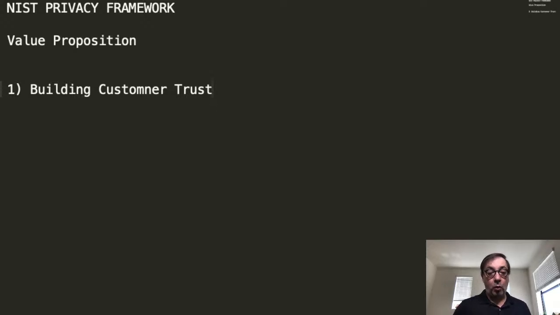How it does that is by supporting ethical decision making in product and service design or deployment that optimizes beneficial uses of data while minimizing the adverse consequences for individuals' privacy and society as a whole. The risk-based nature of the privacy framework and carrying out privacy risk assessments can help organizations find that sweet spot between optimizing those beneficial uses of data and mitigating those adverse consequences for individuals. Okay?